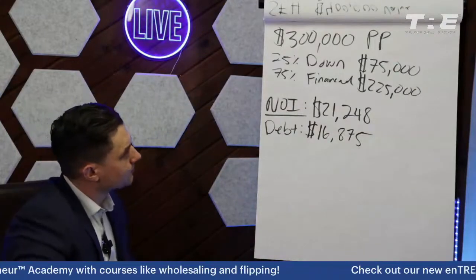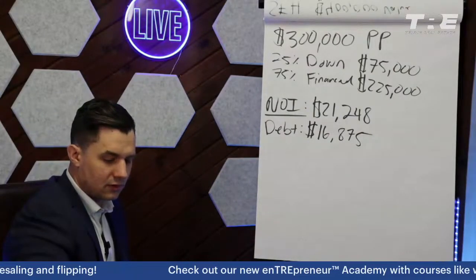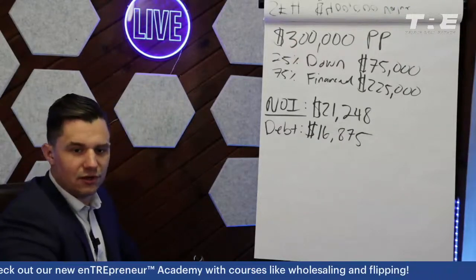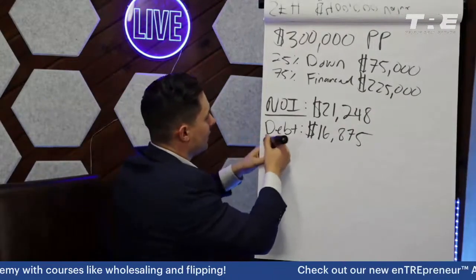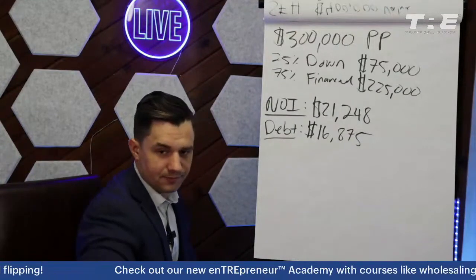Did I do that right? 225. Yeah. All right. 7.5% interest only loan for the first 5 years. Here's our debt. Now let's look at our debt service coverage ratio.